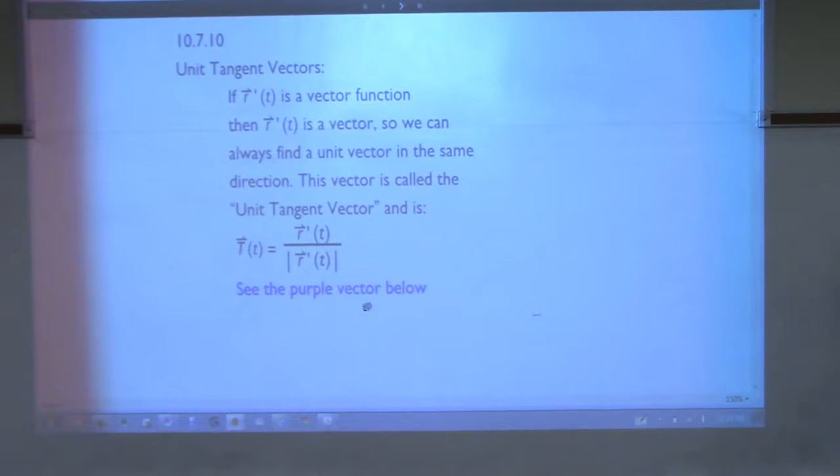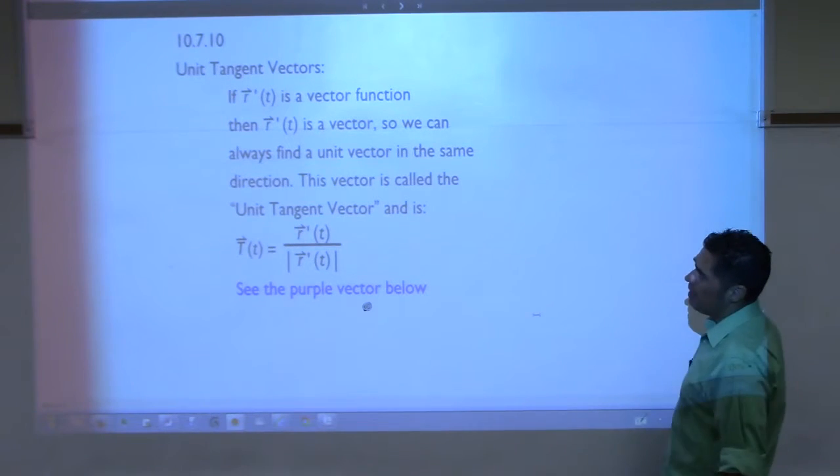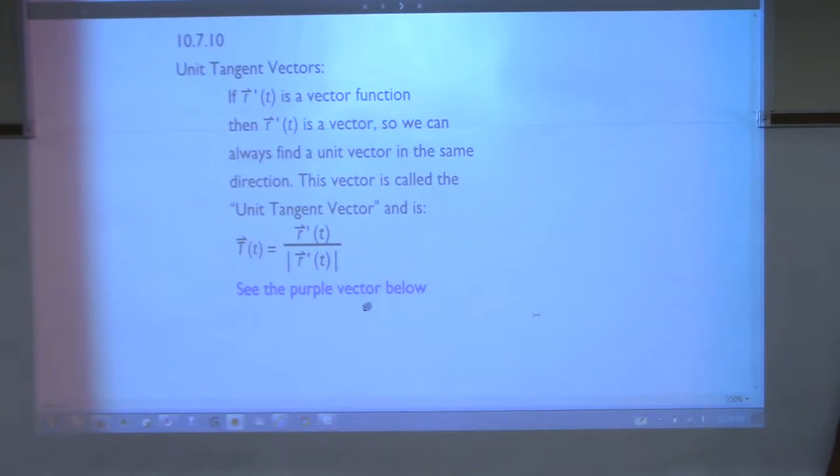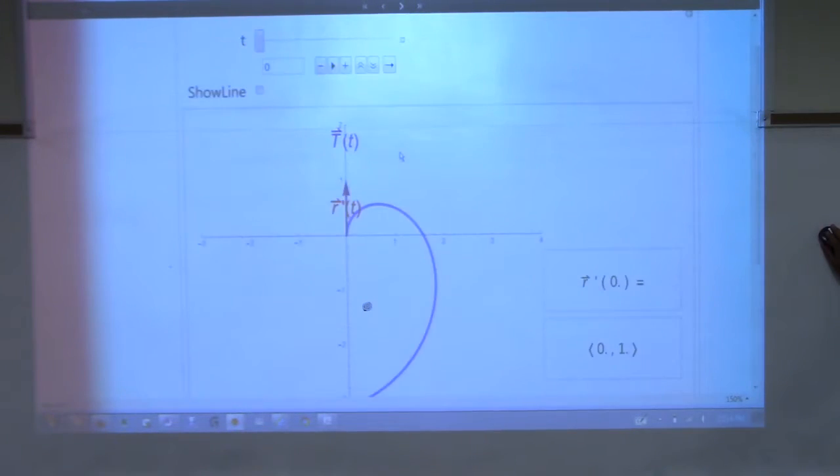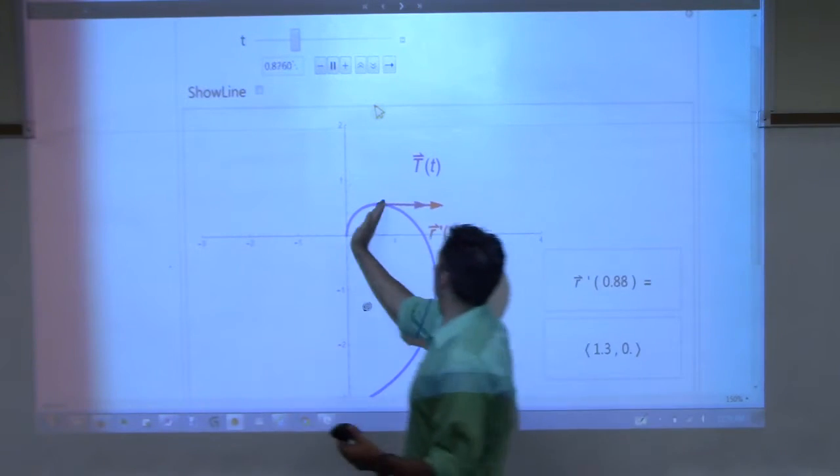All right, so also we have this idea of what's called a unit tangent vector. All this is saying is that if you go back to this picture that I just had, I had the black vector. It's no longer there.